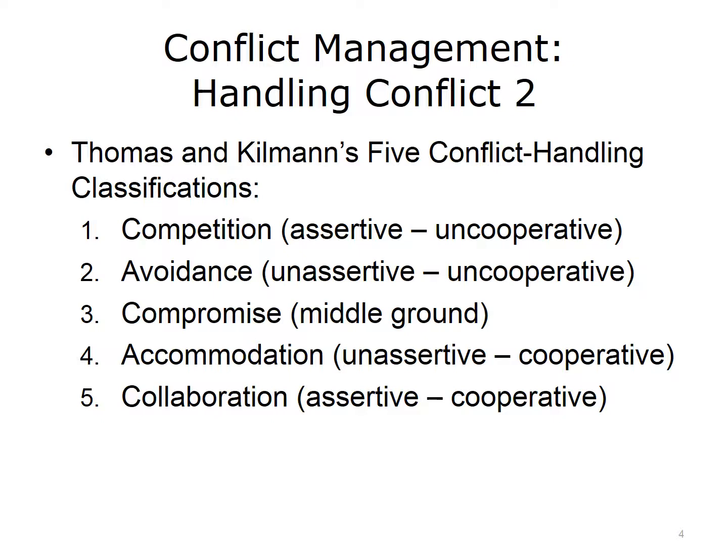And finally, collaboration is both assertive and cooperative. On the next few slides, we will take a look at what each of these conflict handling classifications means. Again, assertive indicates that an individual is seeking to attain his or her own concerns. Cooperativeness indicates that an individual is looking to satisfy the concerns of others.